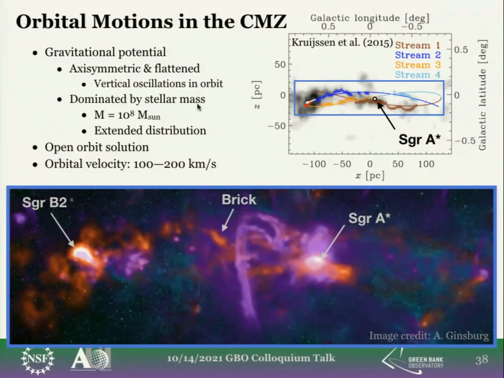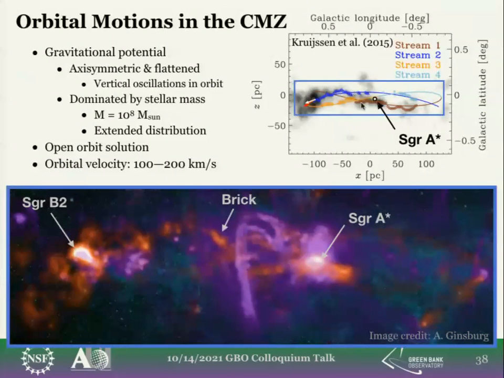They also know that the gravitational potential is dominated by the stellar mass. The stellar mass in the inner region is about 10^8 solar masses, compared to the molecular gas, which is 10^7 that I had mentioned earlier. And then Sagittarius A* is 10^6.